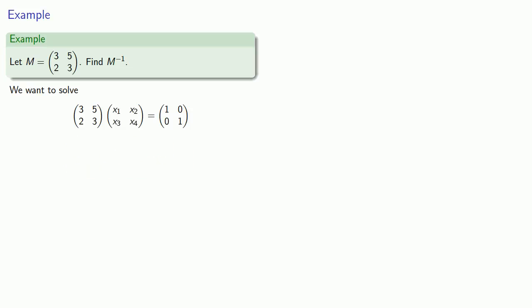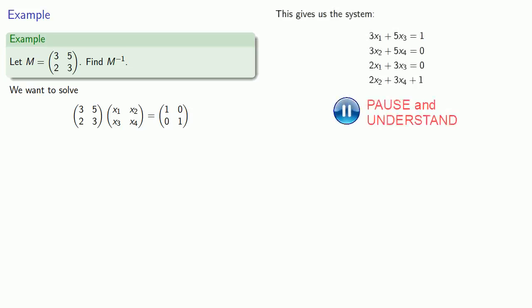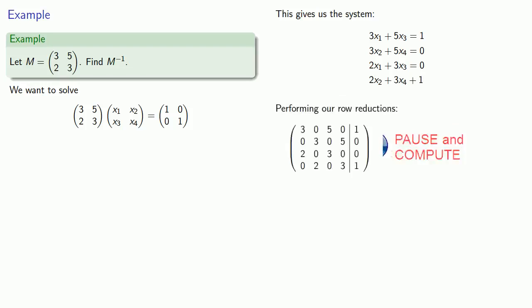And so I have 4 unknowns, x1, x2, x3, and x4, and my matrix multiplication is going to give me a system of 4 equations. And I can perform row reduction on this system of equations.